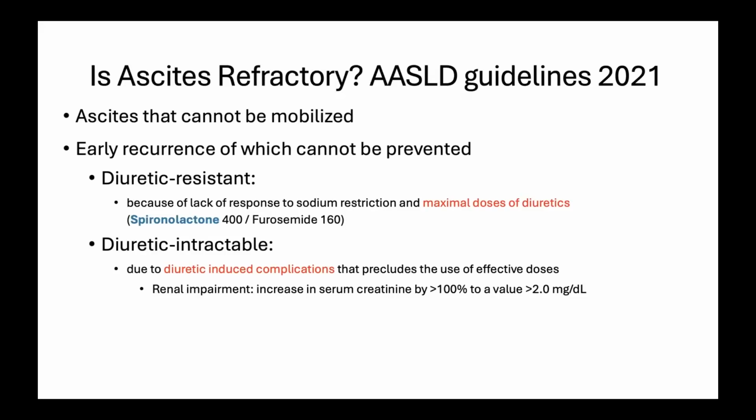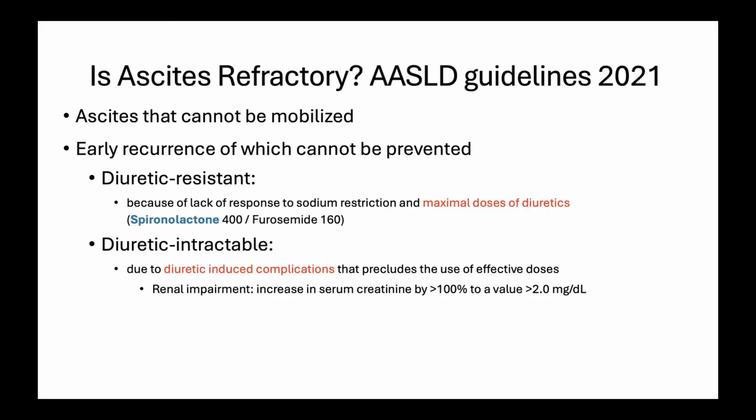And with this definition, many patients will have AKI before we decide to stop the diuretics. And for quite a long time, we were told that these episodes of AKI or increasing creatinine that we cause with diuretics in patients with ascites could lead to chronic kidney injury.